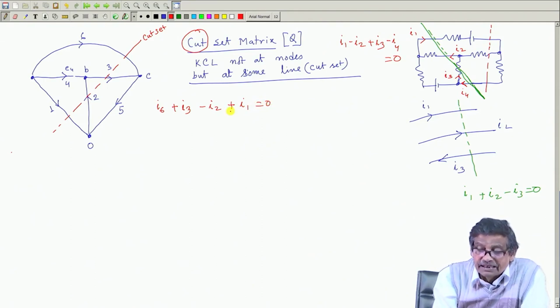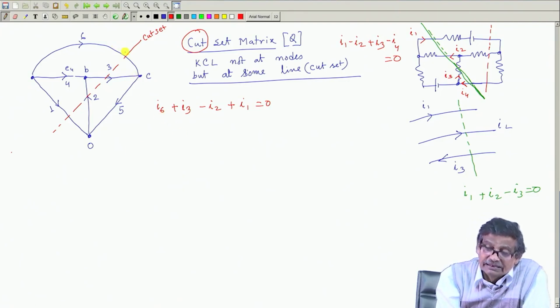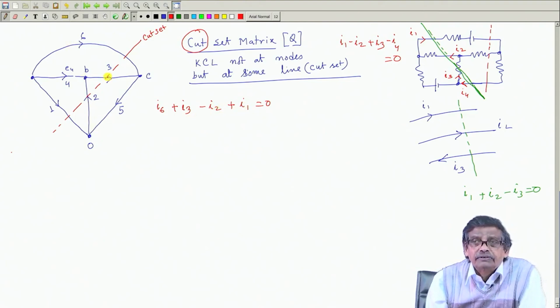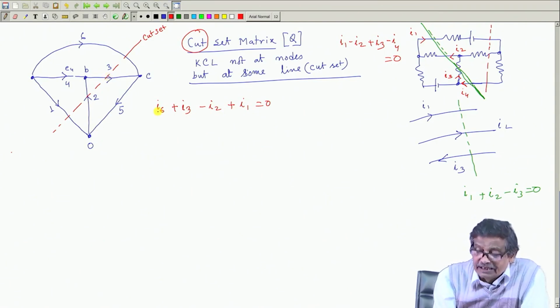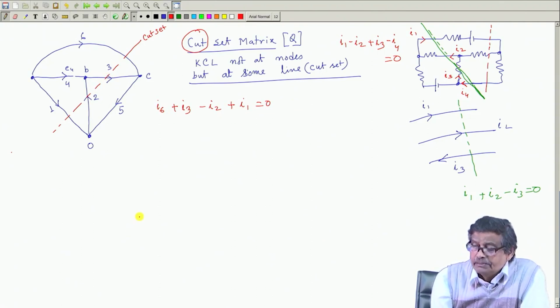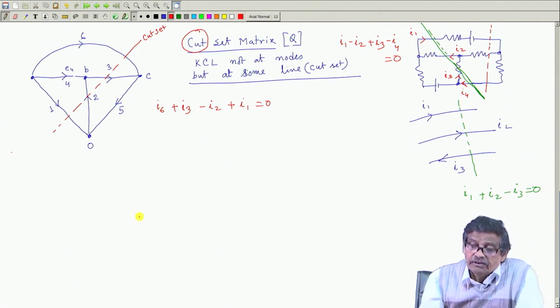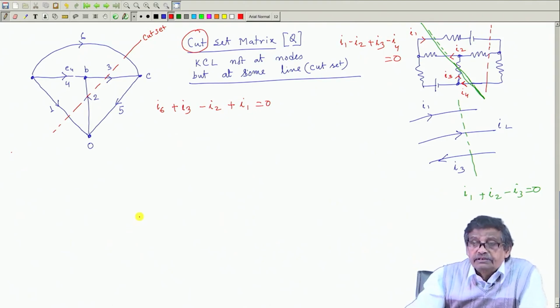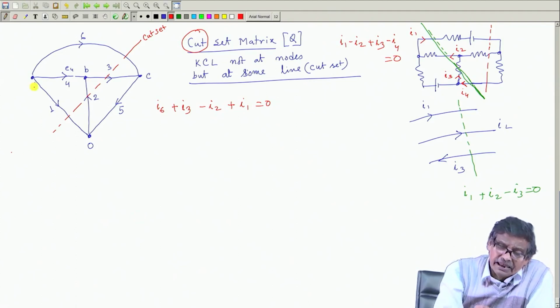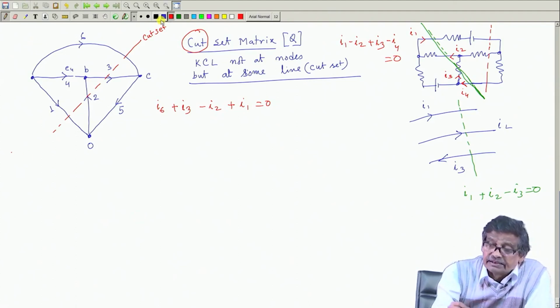See, I have not applied KCL at the junctions, because I 6, I 3, I 2, I 1 are connected to different nodes, but the fact is this has to happen. Got the point? This is the basic idea of what we are going to discuss about the cut set matrix. Any cut set, this is another cut set, one can draw a cut set here.